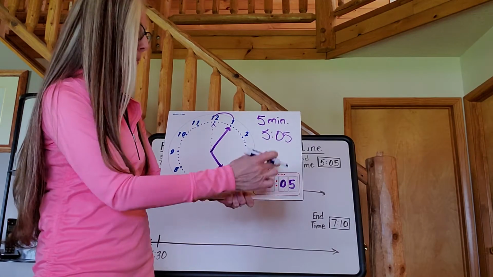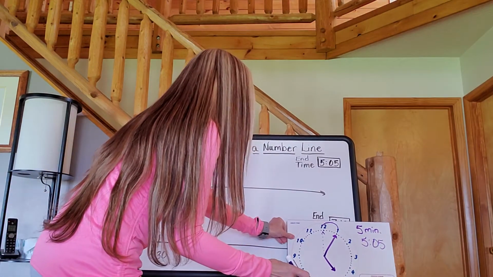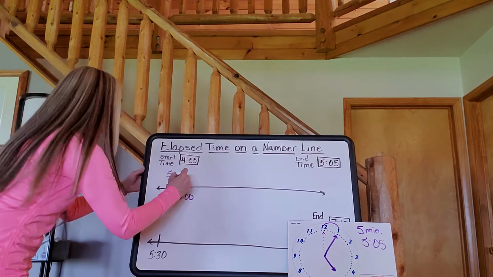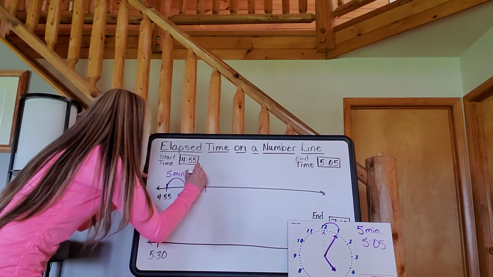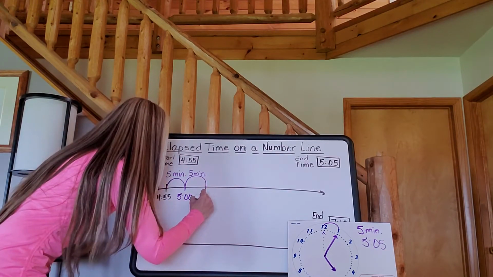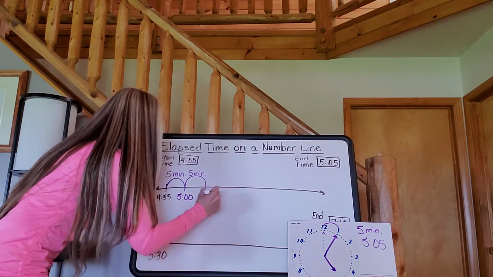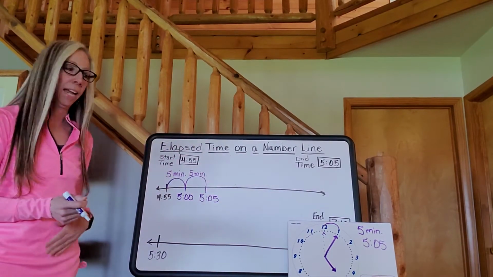Okay, the same time down here. So now let's put that on our number line. Again, another 5-minute hop. And we arrived at 5:05. Are we there? Yes, we are at the end time.